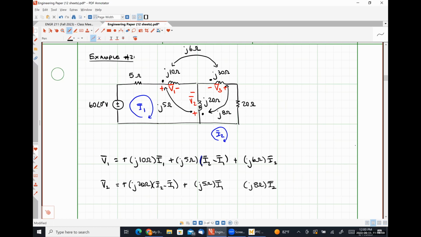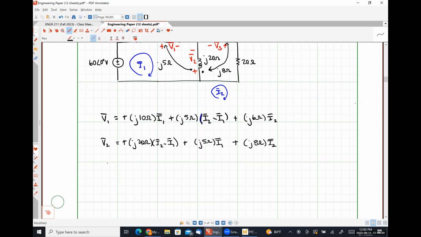So this one should be positive as well. Anybody have any questions, comments, or concerns about our induced voltage V2? All right, so we might get some negative signs.